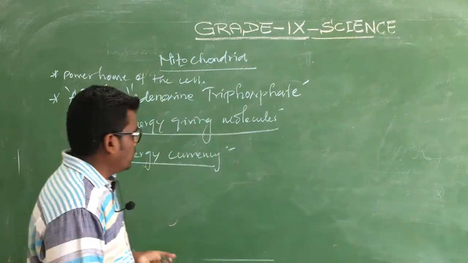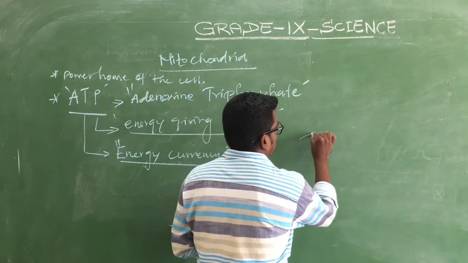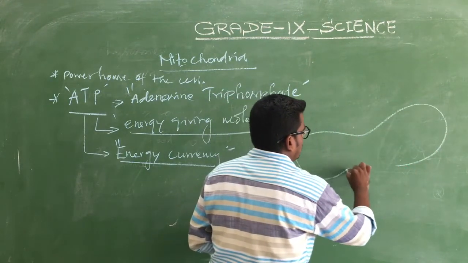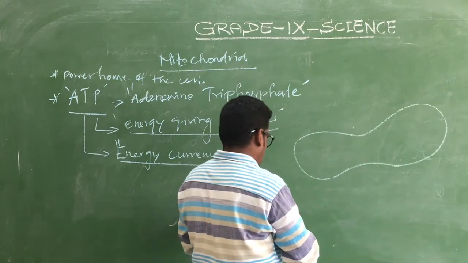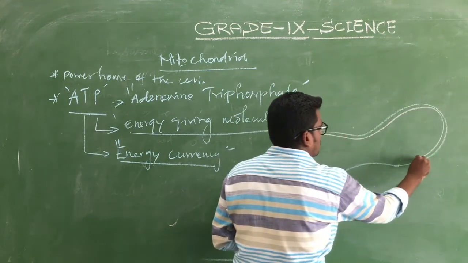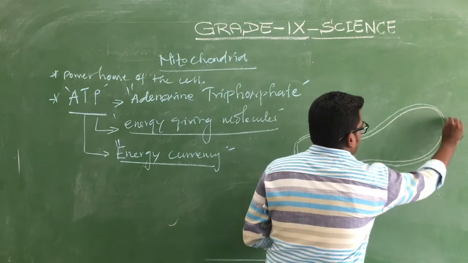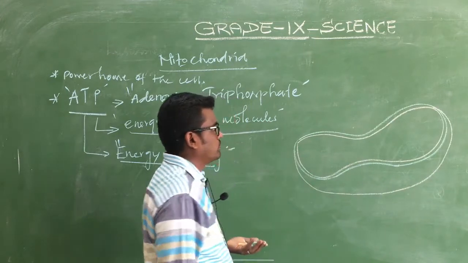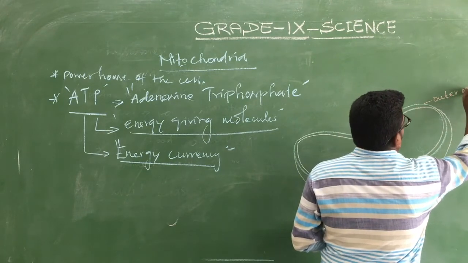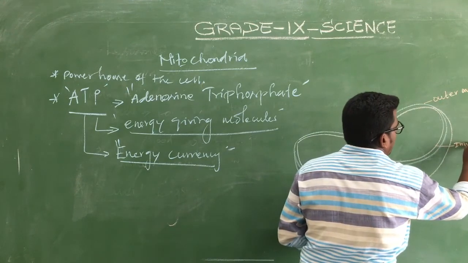Now, the structure of the mitochondria. This is the outer membrane. This is the inner membrane.